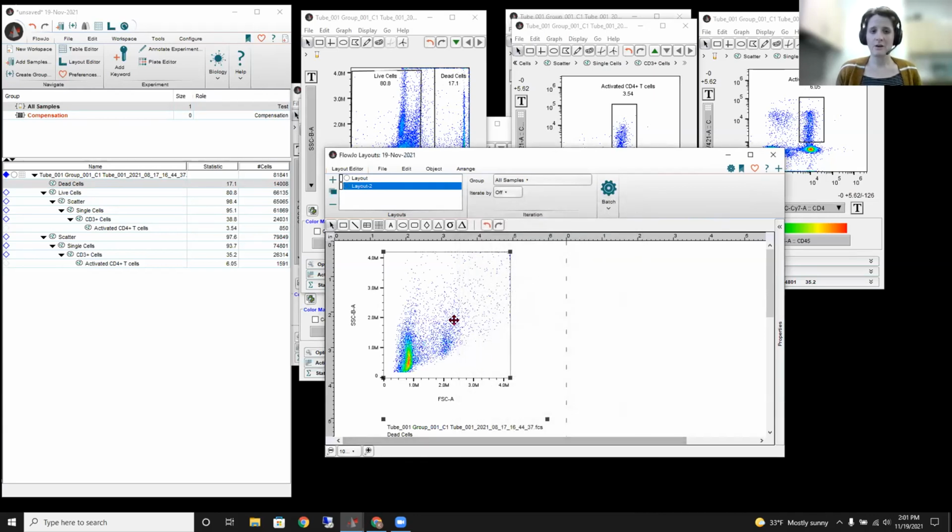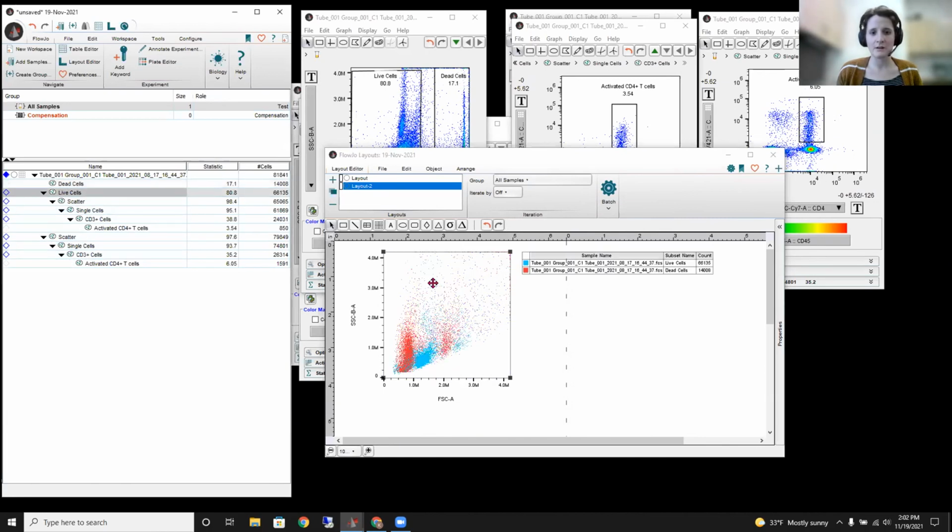What we can see is there are a lot of cells right here in this lower left-hand side of the axis. But then we also see quite a bit of events that are right where we expect our live cells to be. So let's do an overlay of that and look at those live cells.